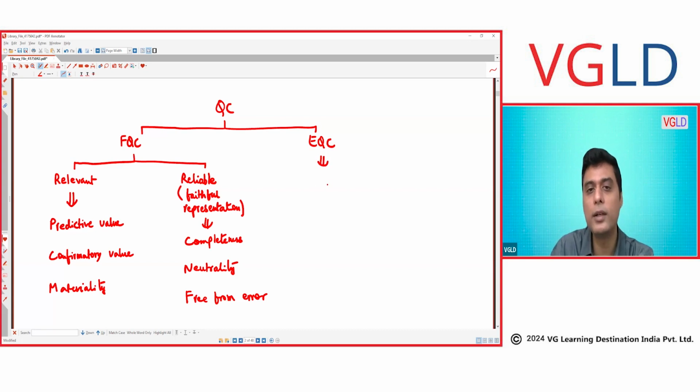And enhancing qualitative characteristics are those that enhance the quality of the financial information. They are not fundamental, they are enhancing. So things like comparability. Your financials must be comparable to financials of other companies, or financials of this year must be comparable to the financials of previous year.